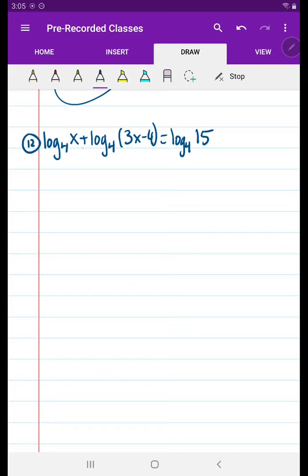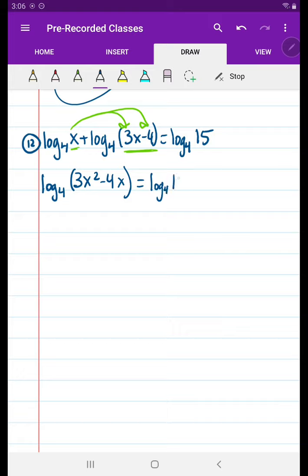So what that means is we're going to be multiplying the x and the 3x minus 4. So if we're multiplying that, you can think about that as just distributing the x across the 3x minus 4. And so if we do that, that's going to turn into log base 4 of 3x squared minus 4x, and that'll all equal log base 4 of 15.